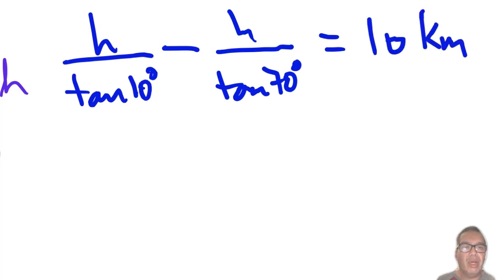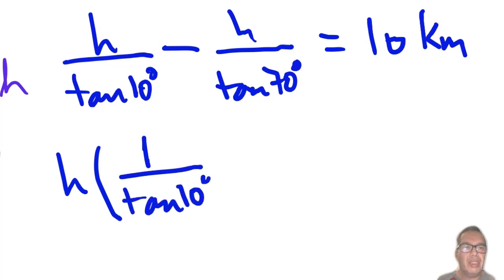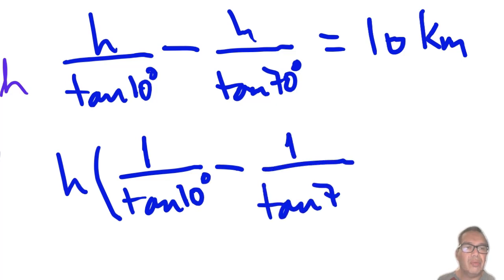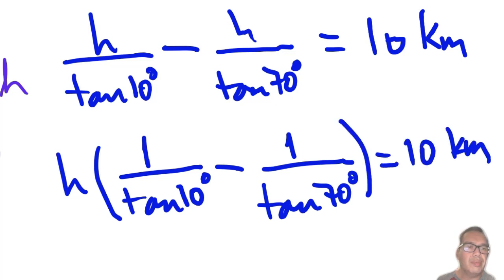And because you have one h only, you can take common factor here. 1 over tangent of 10 degrees is what is left inside of the parentheses. On the other one, 1 over tangent of 70 degrees is equal to 10 kilometers.